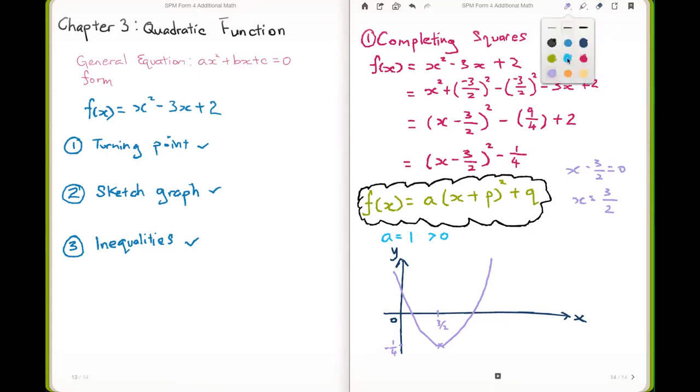Not only that, besides that, I'll be able to tell the axis of symmetry because the turning point serves also as an axis of symmetry. This is the axis of symmetry, whereby this line will be x equals to 3 over 2, with a minimum of negative 1 over 4.